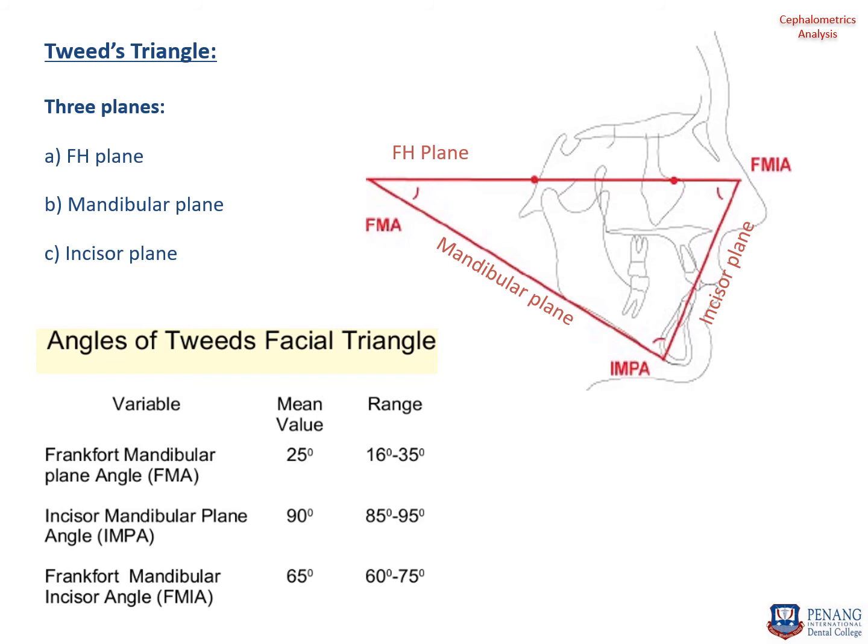At 35, you might need to consider doing an extraction, and beyond 35 degrees, you can say it has poor prognosis. That's the clinical implication of FMA. Whereas for incisor mandibular plane angle, the mean value is 90 degrees, which has a range of 85 to 95. And for FMIA, the mean value is 65, which has a range of 60 to 75.